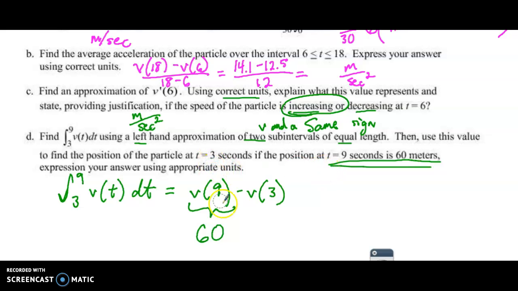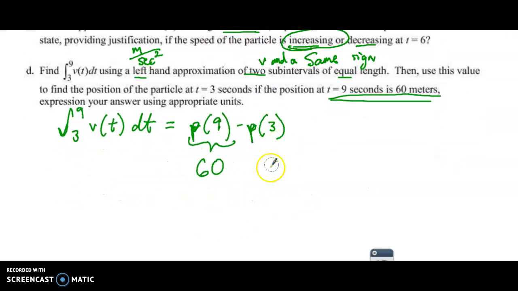Whoops, nope, that should say p of 9 and p of 3. Sorry about that. And when you solve for p of 3, whatever this answer is will just be in meters.